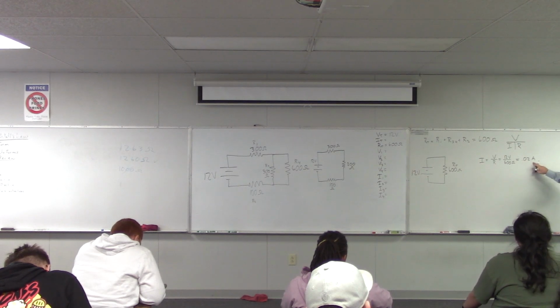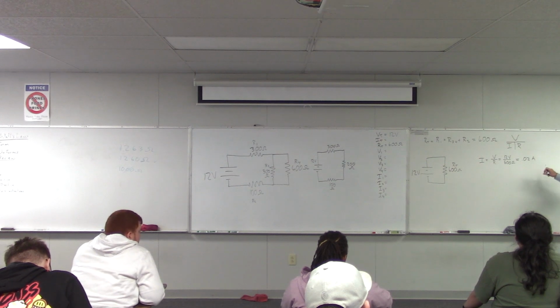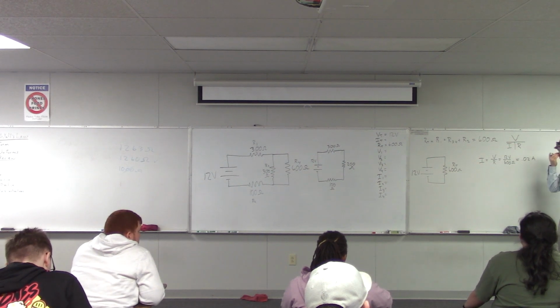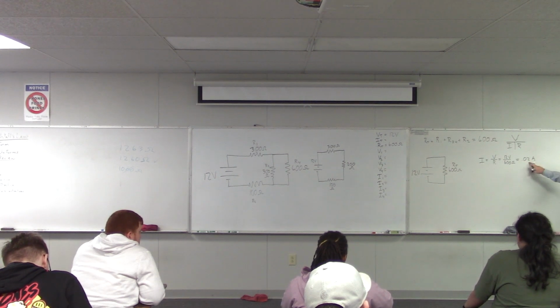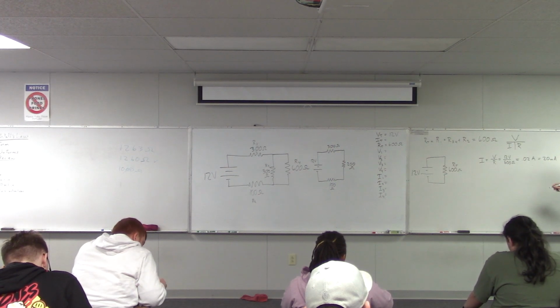And then once you get your answer, that comes out in raw units. But then once you have that, you can convert it if it's more convenient to write it another way. So this is 0.02 amps. How many milliamps would that be? 20. Yeah, 20 milliamps.